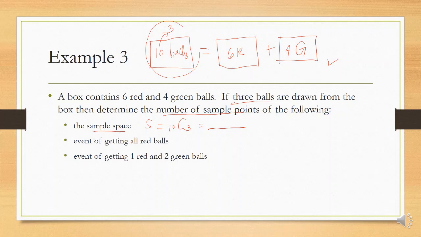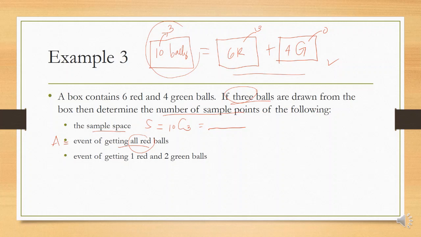So for the event of getting all red balls, denoted as event A, since we have 3 balls and all are red balls, it means that we need three red balls and we don't need any green balls.